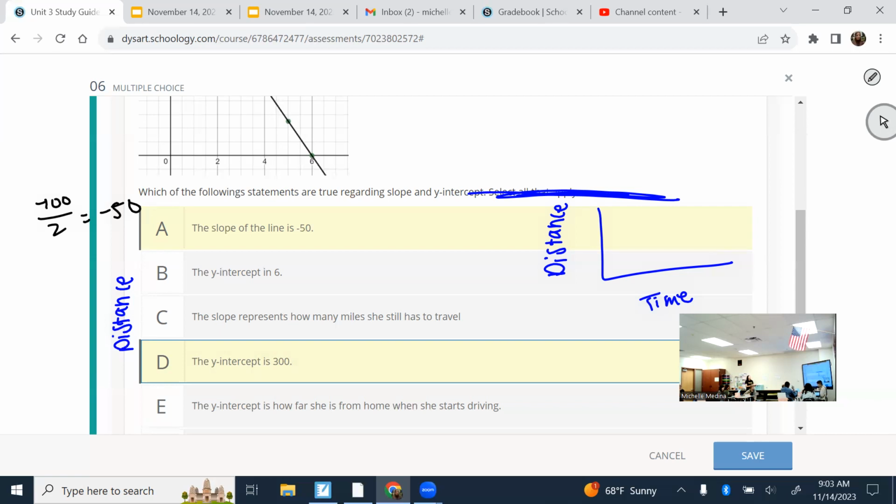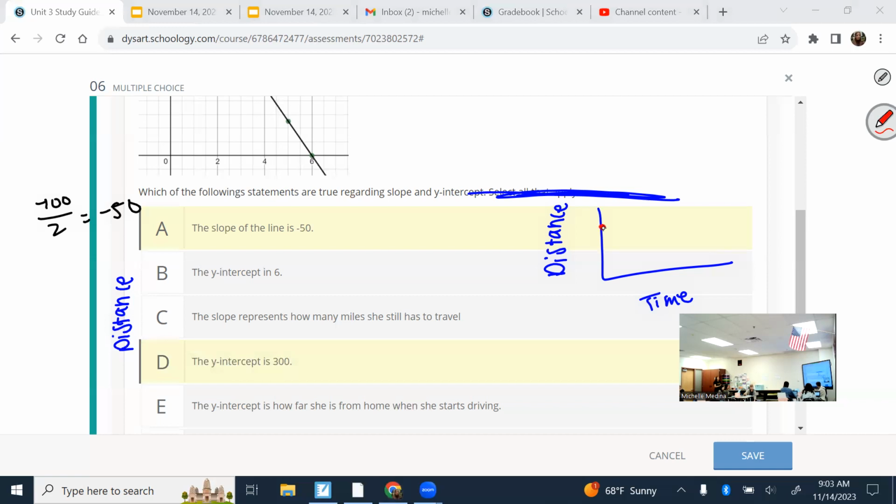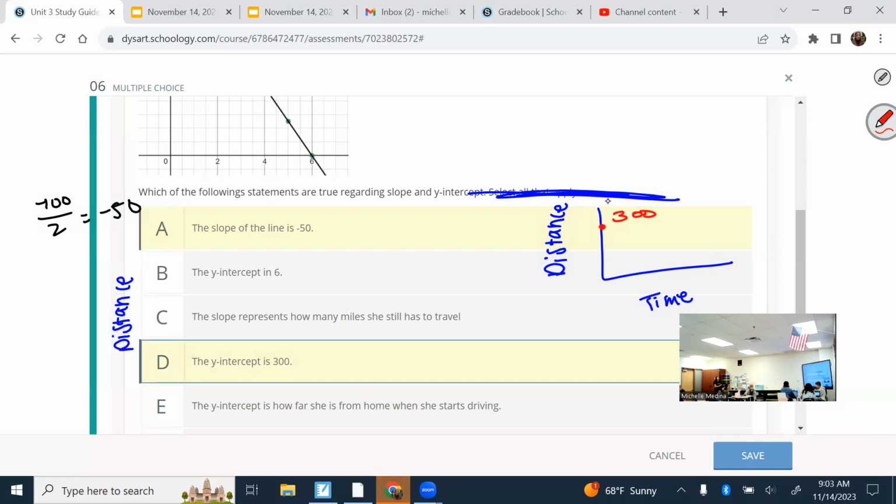Now for E, the y-intercept is how far she is from home when she starts driving. So think about that. My y-axis starts at the 300. If you put it in coordinate form, it's 0, 300.